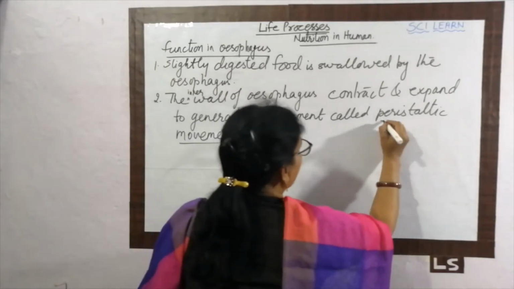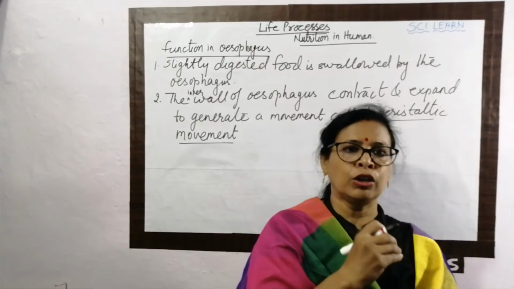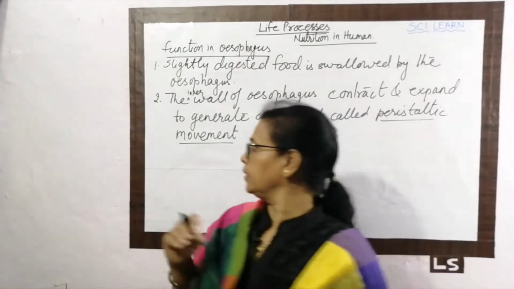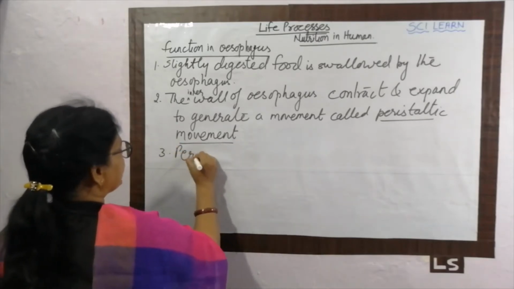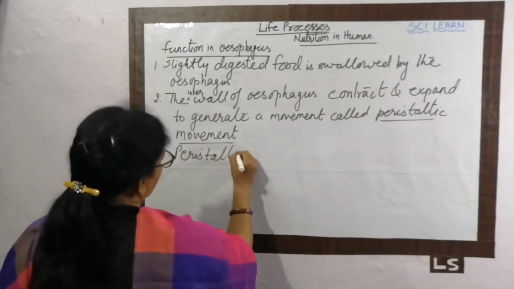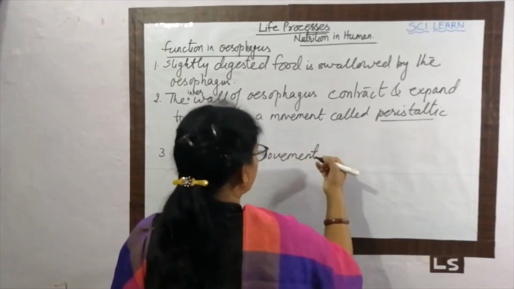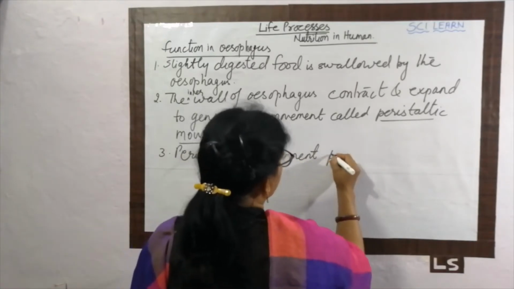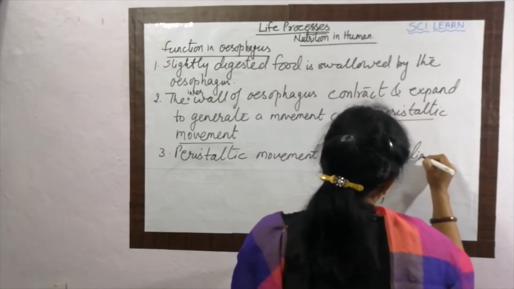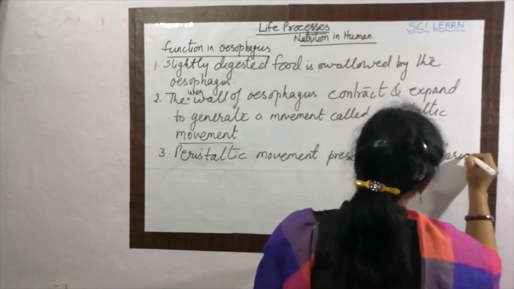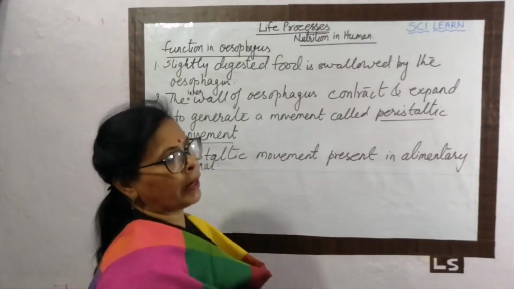And this movement helps the slippery food to slip down into the stomach through the oesophagus. This peristaltic movement is not present only in the oesophagus, but in the whole alimentary canal. Alimentary canal, again, is the digestive tract or the gut. So that is the function performed by the oesophagus.